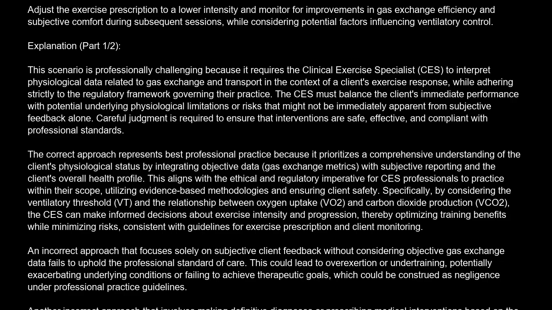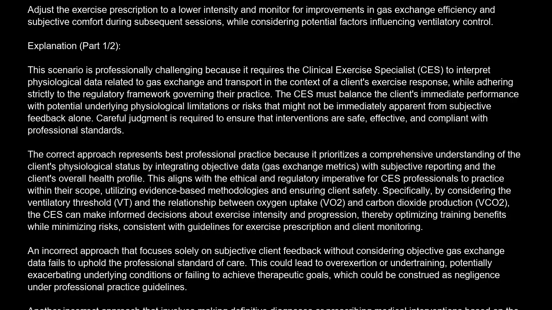The correct approach represents best professional practice because it prioritizes a comprehensive understanding of the client's physiological status by integrating objective data, gas exchange metrics, with subjective reporting and the client's overall health profile. This aligns with the ethical and regulatory imperative for CES professionals to practice within their scope, utilizing evidence-based methodologies and ensuring client safety.